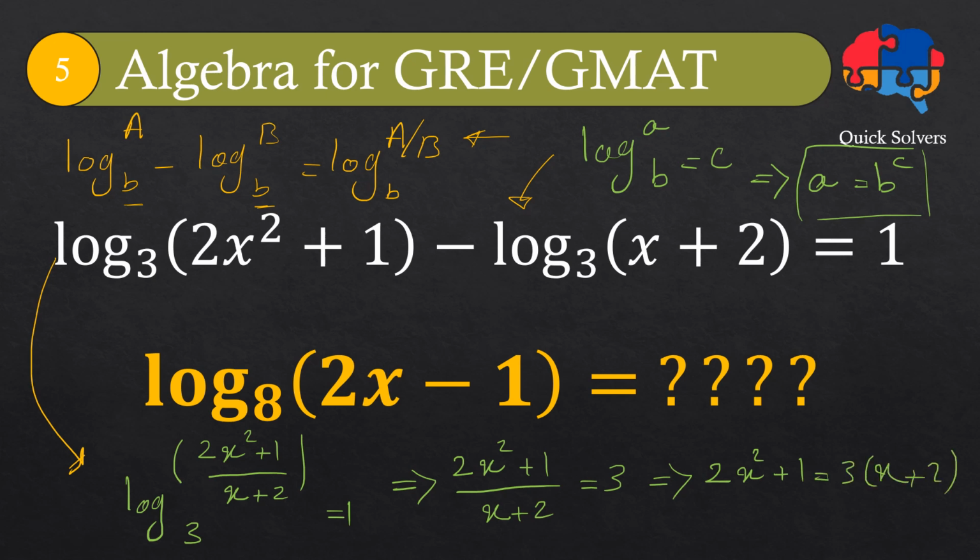And if I distribute this 3 to the expression here, I would get 2x squared plus 1 equals 3x plus 6, or maybe I should write it a bit more neat and clean. Okay, so this is the key to find the value for this logarithm. All right, so let's move to the next page.